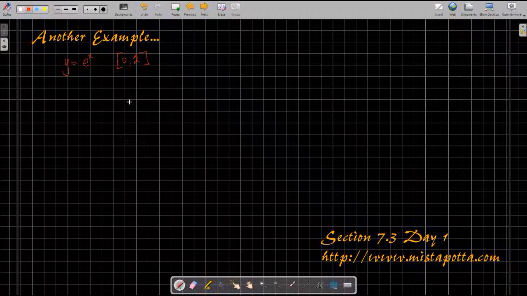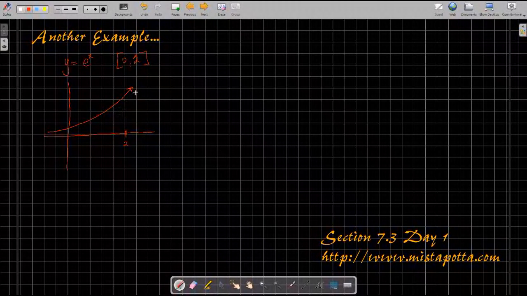So looking at this, I know my graph of y equals e to the x looks like my typical exponential function. It's going to pass through at 0, 1, and continue going out to whatever x is 2.